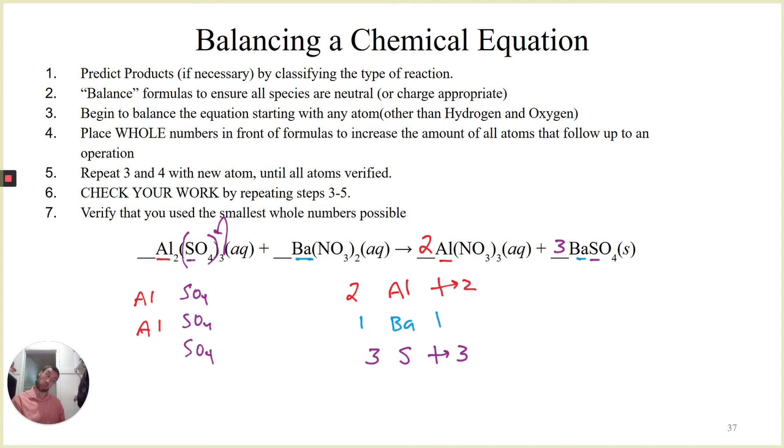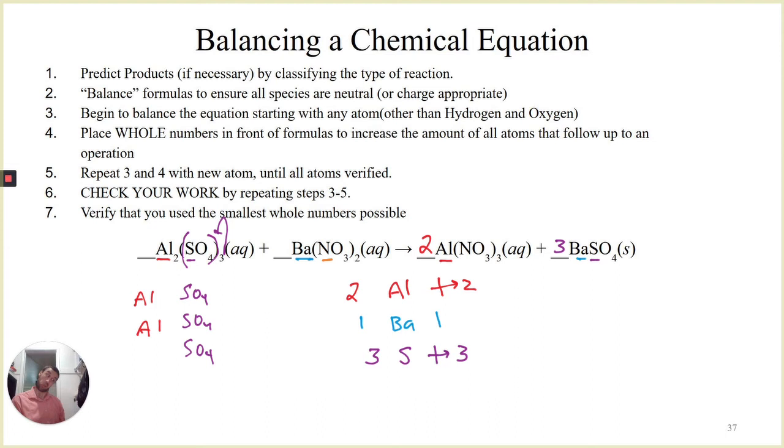Next thing, you may notice, well, now the barium has changed. Irrelevant, I don't care. I'm going to continue through balancing the rest of the equation. I'm not going to start doubling back because that doubling back process can lead me into confusing paths. I'll now move to the nitrogen. Note, I'm going to skip oxygen for this moment because the oxygen shows up in a bunch of different places.